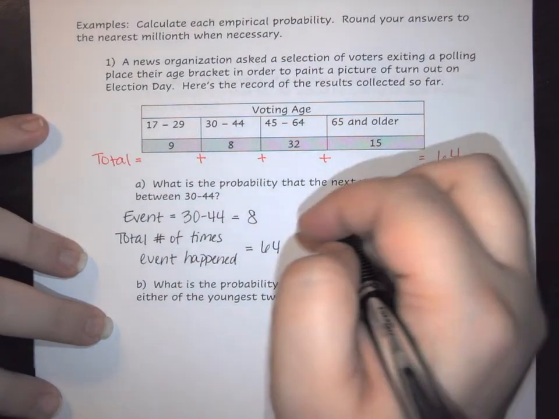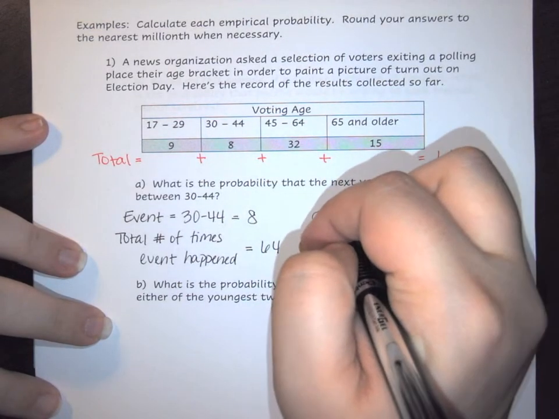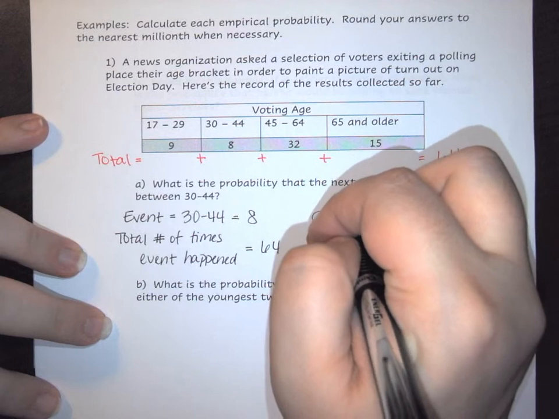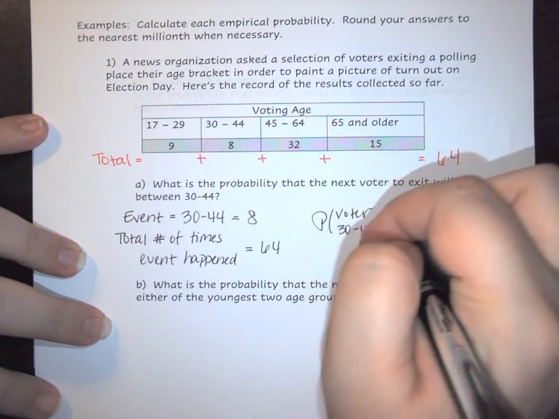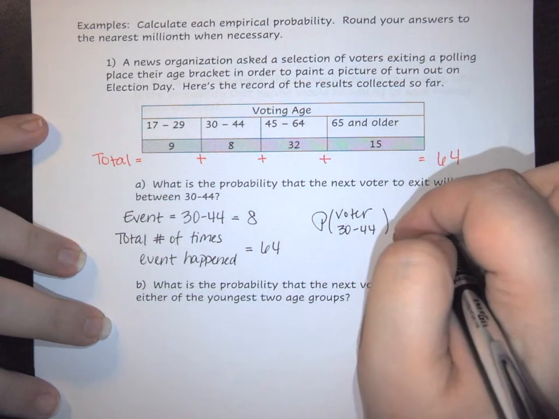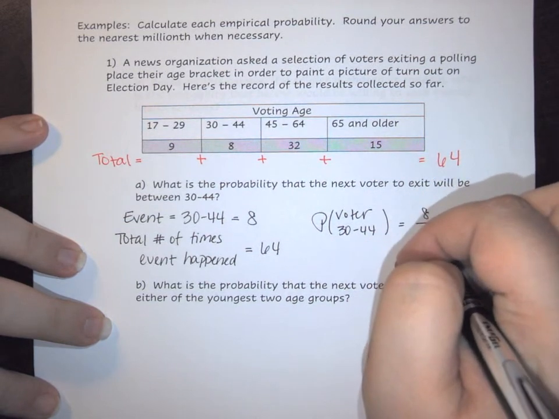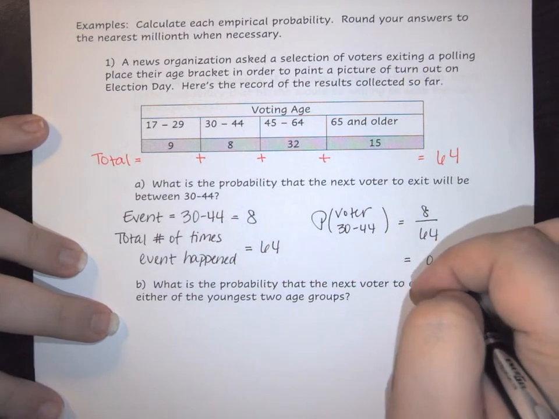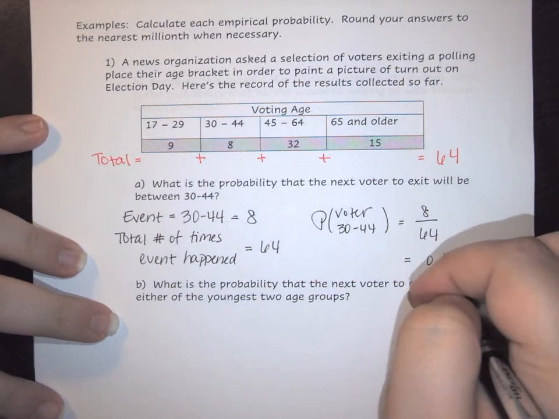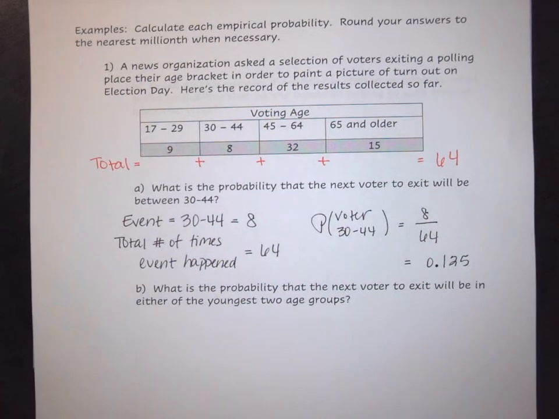So my probability of having a voter between 30 to 44 is going to be 8 over 64, which is actually going to be 0.125.